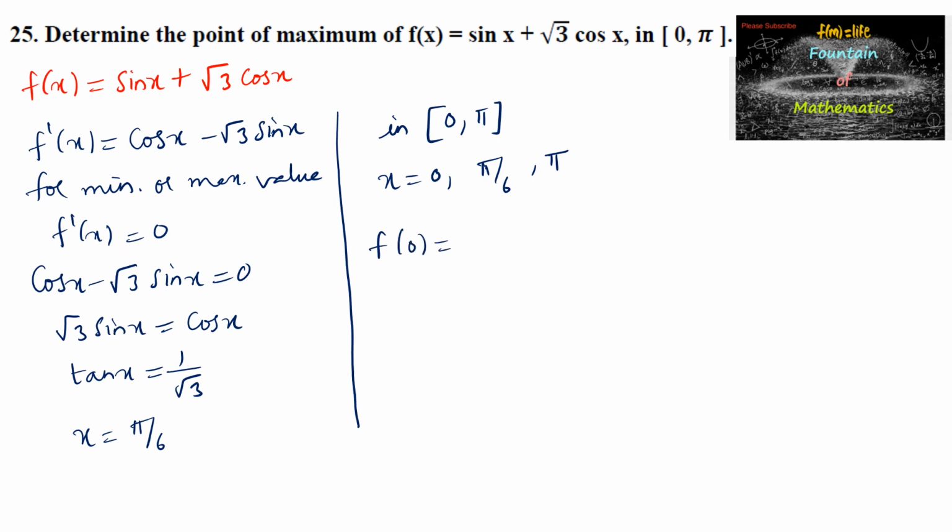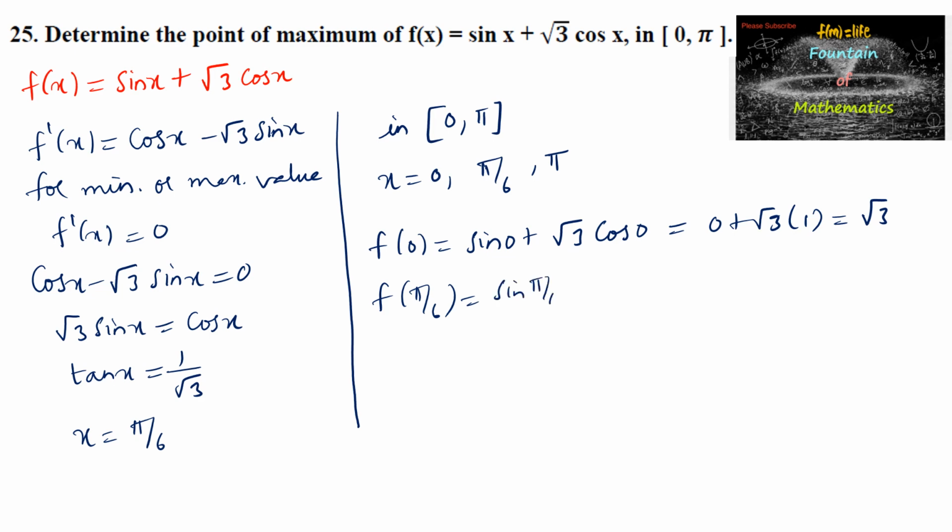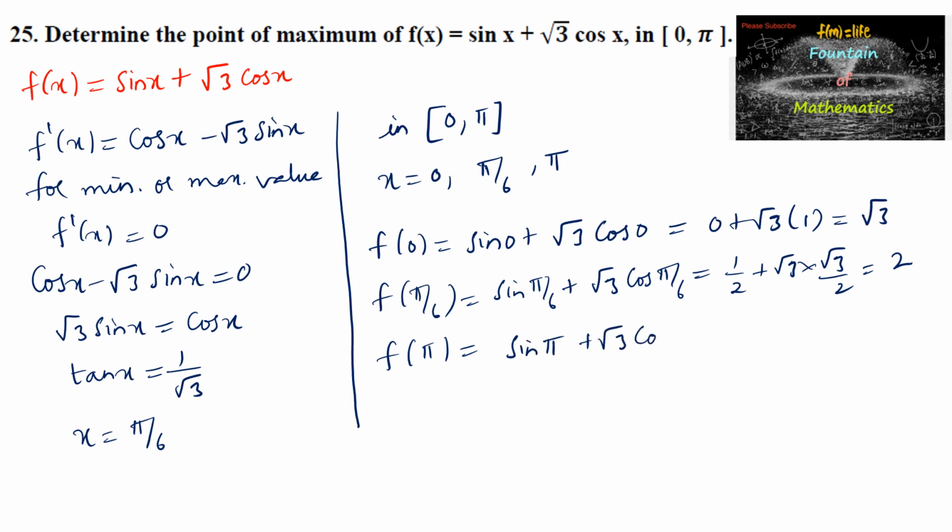F of 0 is equal to sin 0 plus root 3 into cos 0, that is 0 plus root 3 into 1, which is equal to root 3, and f of pi by 6 is equal to sin pi by 6 plus root 3 cos pi by 6, that is 1 by 2 plus root 3 into root 3 by 2, which is (1 plus 3) by 2, that is 2, and f of pi is equal to sin pi plus root 3 into cos pi.